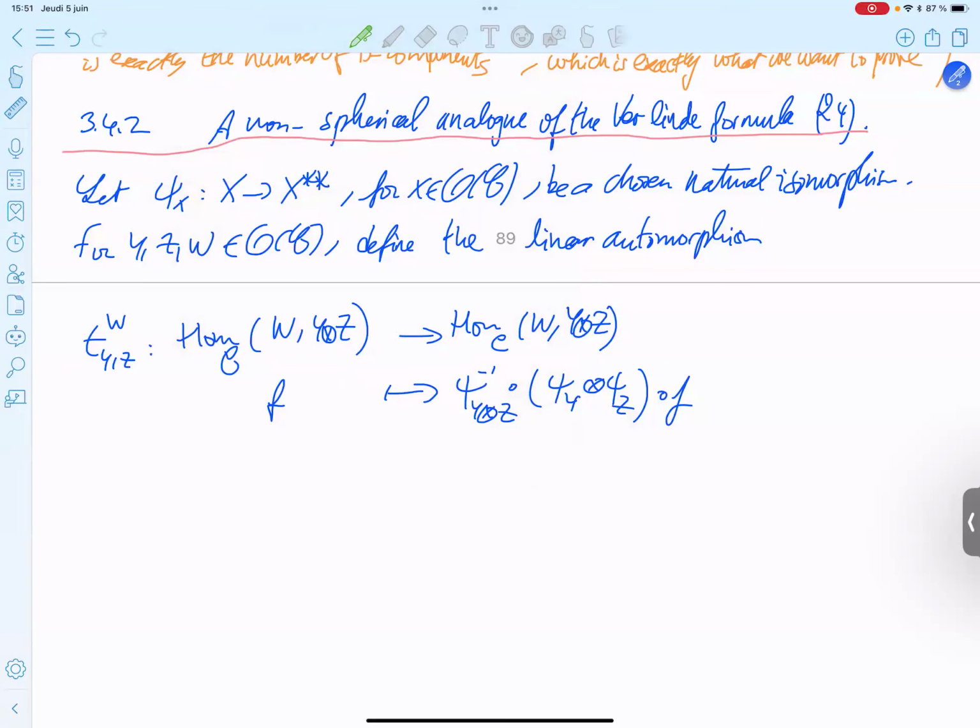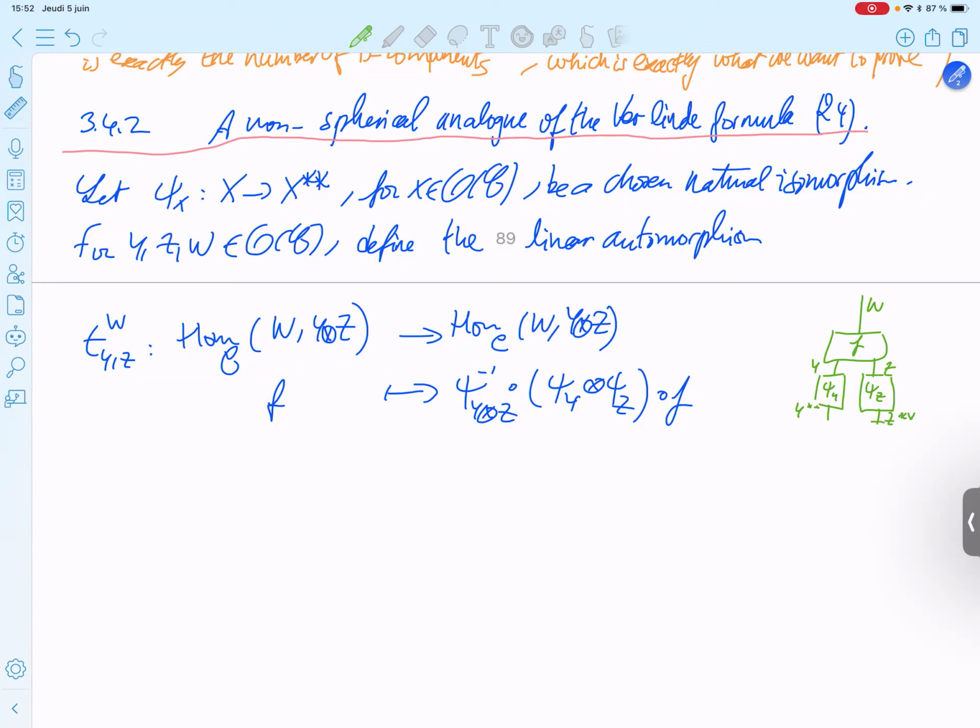So you can represent, if you like, this pictorially as follows. You start from the object W, you apply the morphism F, and you go to Y tensor Z. Here you apply the natural isomorphism. Now we have Y double star, Z double star.